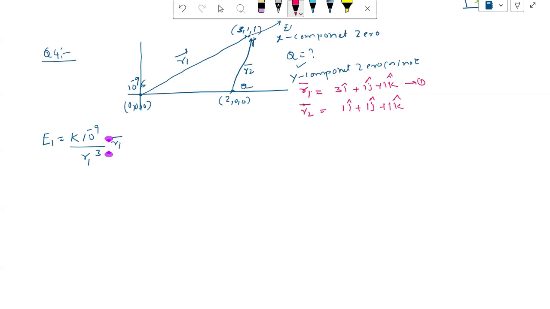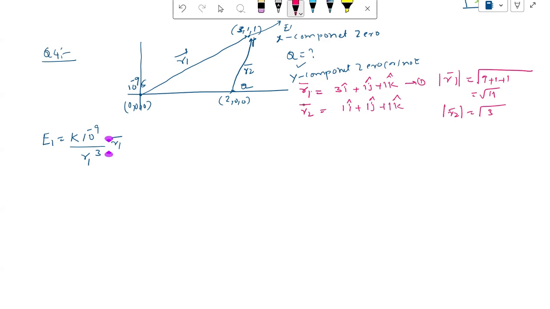Therefore, magnitude of R1 is equal to root over 9 plus 1 plus 1, that is equal to root 11. So the centimeters or meter, whatever SI units they have given, that you can find out. Then magnitude of R2 bar is equal to root 3.